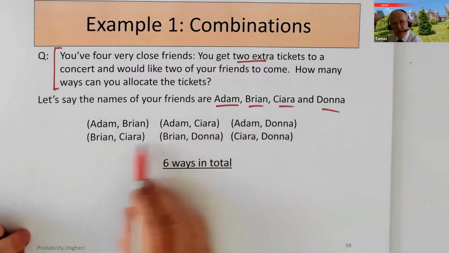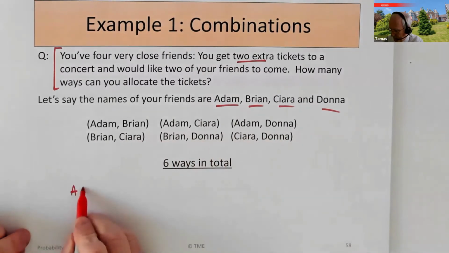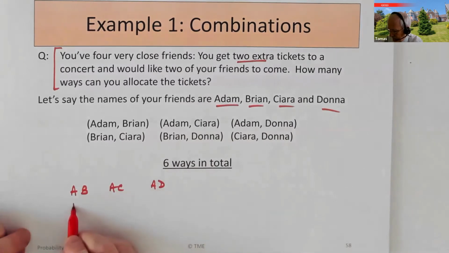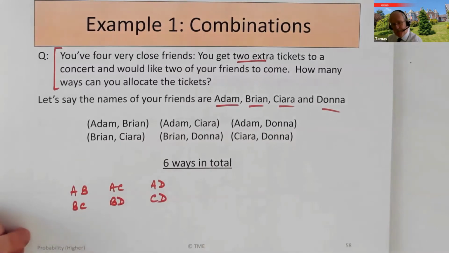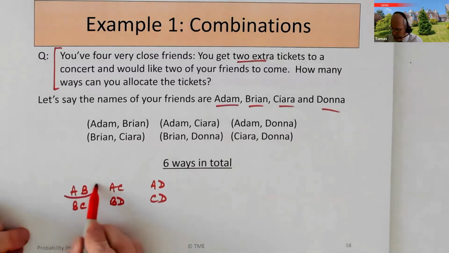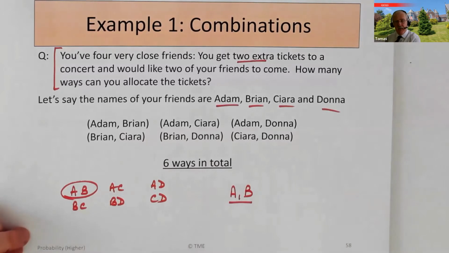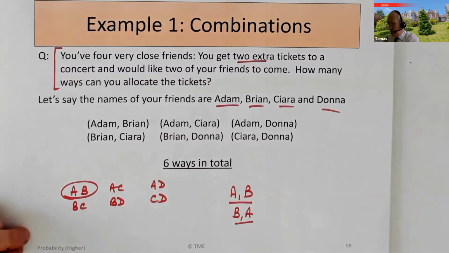That's the full set of samples: AB, AC, AD, BC, BD, and CD. There are only 6. The order doesn't matter. If you give Adam and Brian a ticket, it's the same as giving Brian and Adam a ticket. AB is the same as BA.